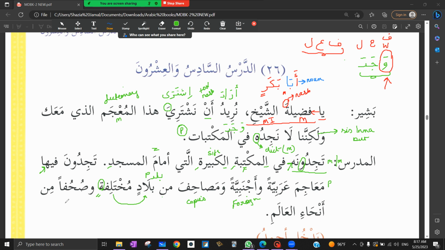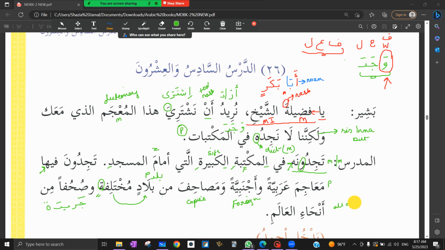Suhuf can also mean pages. Suhuf can also mean newspapers. And what is another name for newspaper? Jarida. Min anha'il alam, all over.